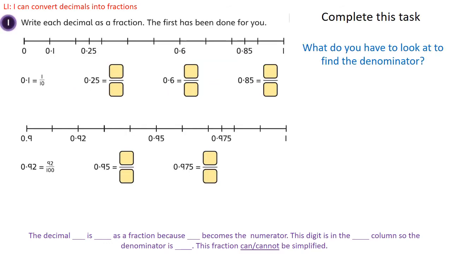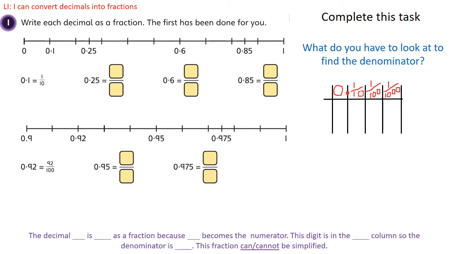Okay, question 1. Write each decimal as a fraction. The first one has been done for you. Right, the first thing that would be really handy is if we had a place value chart. Then we can think about putting our numbers in.